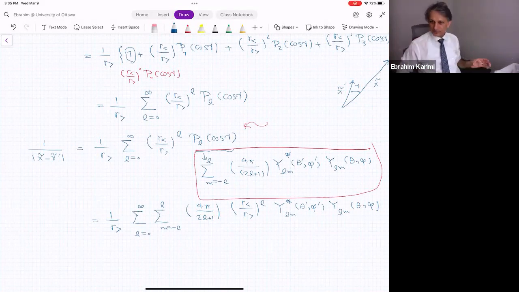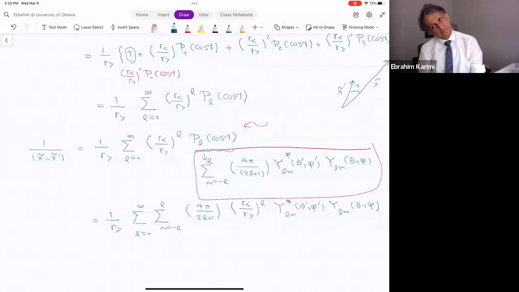Is that clear? Questions? Tarek? No? Okay, I thought that you had a question. As an exercise, do the same expression and expansion for Bessel functions in cylindrical coordinates, because they are complete bases.